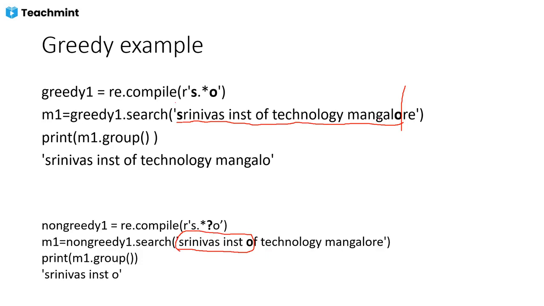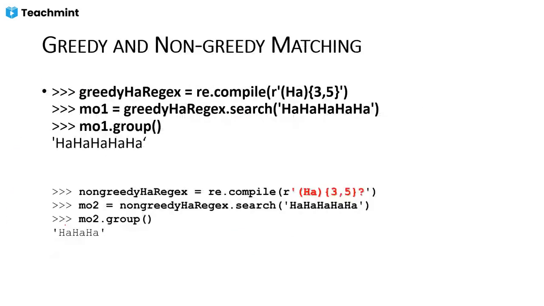In case of greedy, it is the last possible, longest possible match. In case of non-greedy, it is the shortest possible match, the first occurrence. This is the difference between greedy and non-greedy.